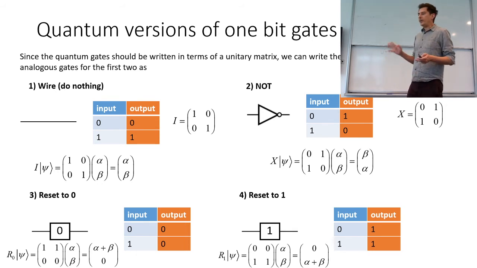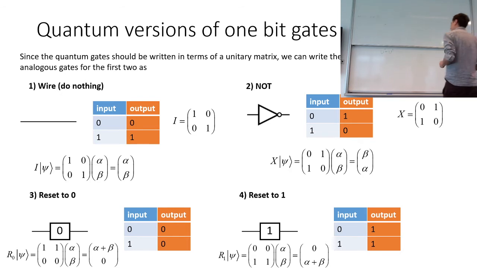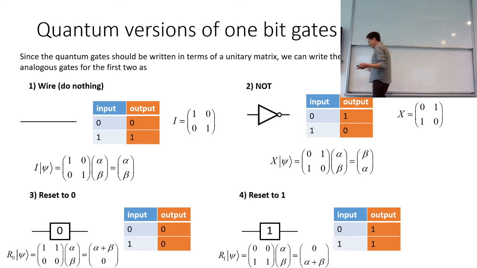There are ways of making things reversible. So you can never delete anything cleanly in a quantum computer? In a way, yes. But actually, there are ways of doing something like this.